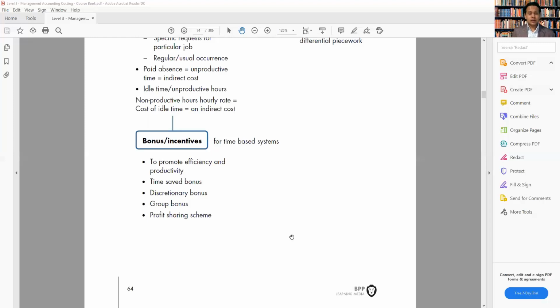Some bonus could be a group bonus. If you work as a team and you can fulfill the target, the whole team will get the bonus. Sometimes some companies offer profit sharing. If it is a big company, they may say every year you will get some shares from the company.